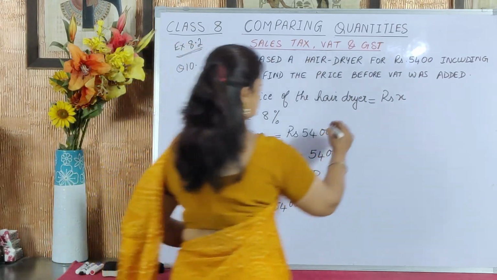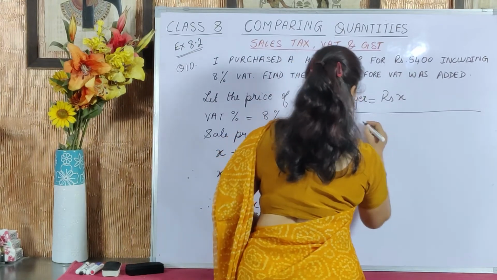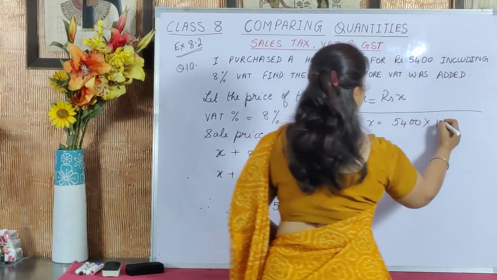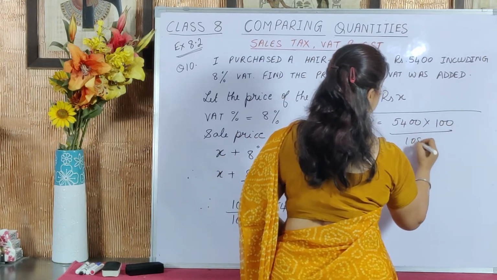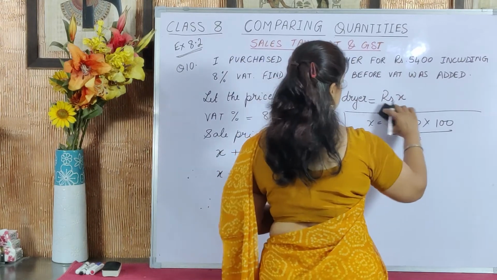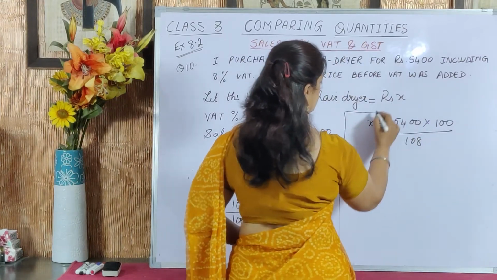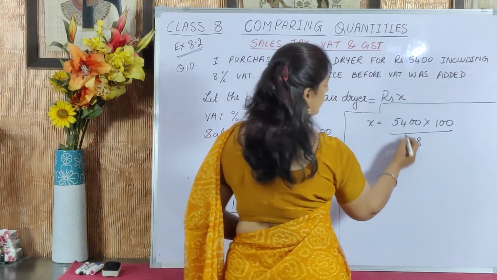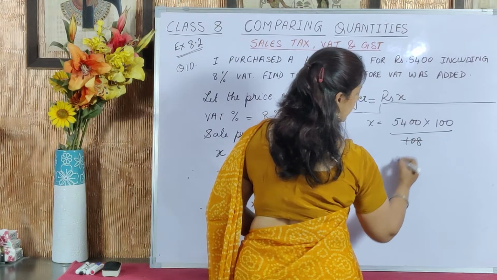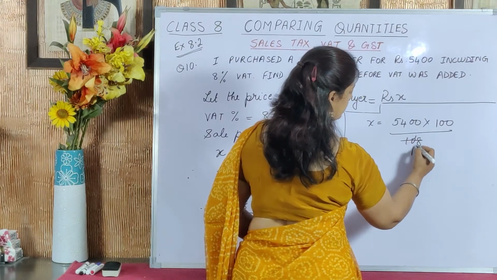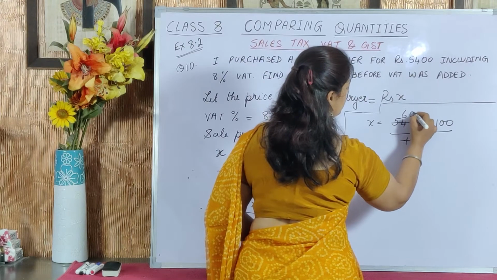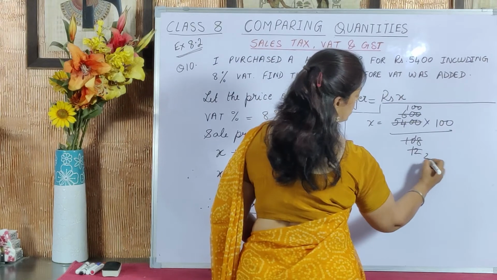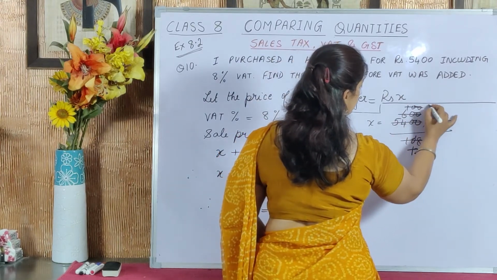So we can find the value of X. X will be equal to 5,400 multiplied by 100 upon 108. So 108 and 54 both get cancelled with 9. 9 goes once, carry 1, 9 2s are 18, 9 6s are 54, 2 zeros. 6 goes 100 times in 600, 6 2s are 12. 2 goes 50 times in 100.